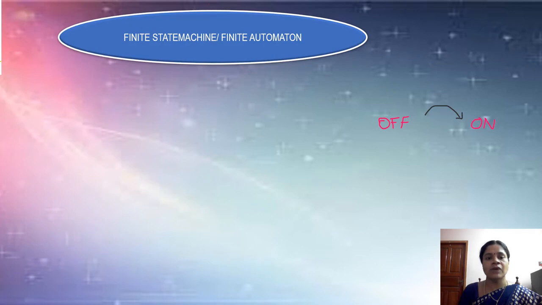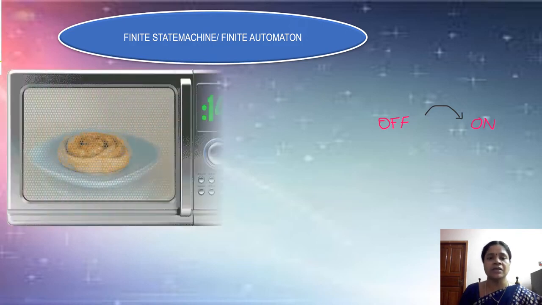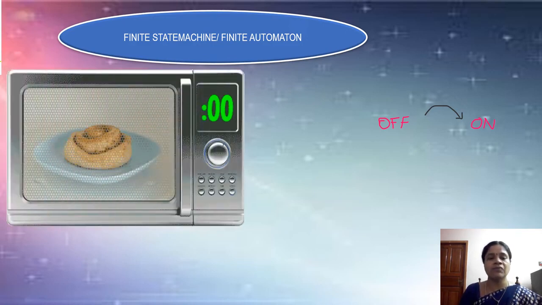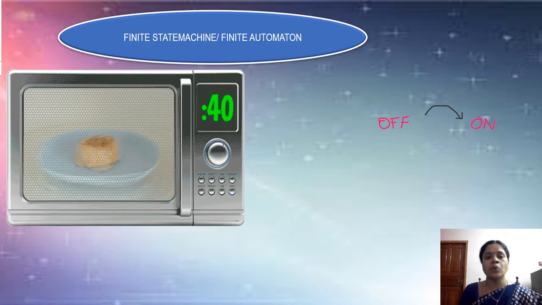Next comes the finite state machine or finite automaton. A finite state machine is a machine which we use in our day-to-day life. It has a limited memory. Say for example, if we take a microwave oven, it has a processing button.